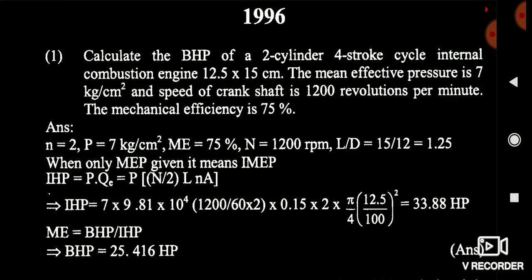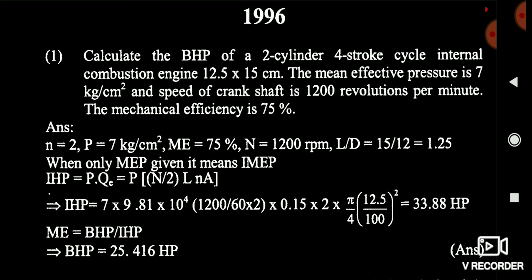Now friends, see another question. Here it is saying that a 2-cylinder 4-stroke internal combustion engine, length and bore diameter are given, effective pressure is given, crankshaft revolution RPM is given, mechanical efficiency is given, and it is asking for bhp. Friends, this is a very simple and easy question.